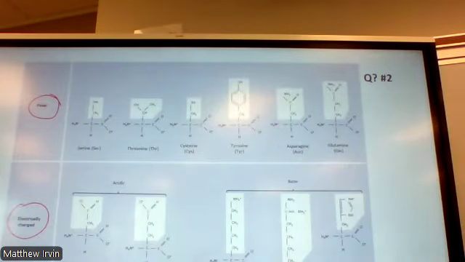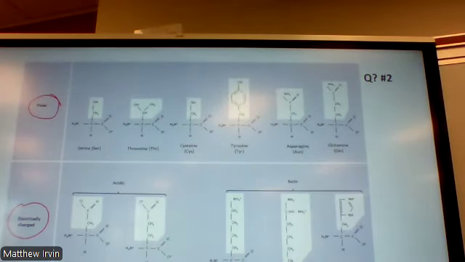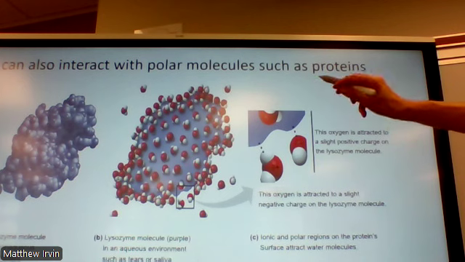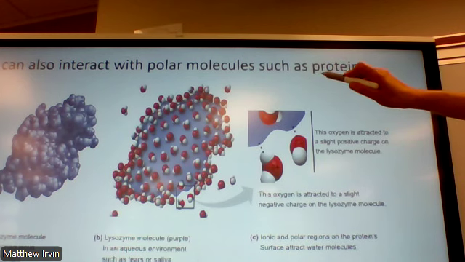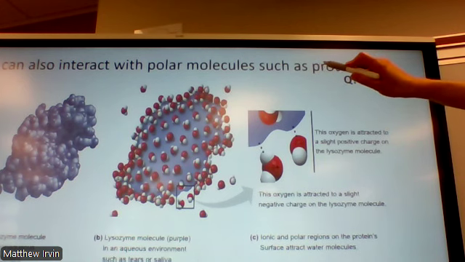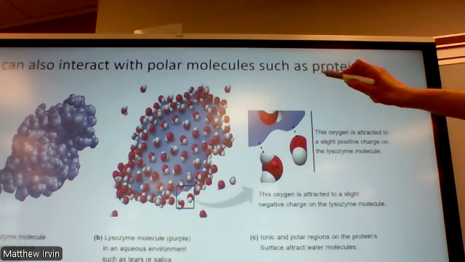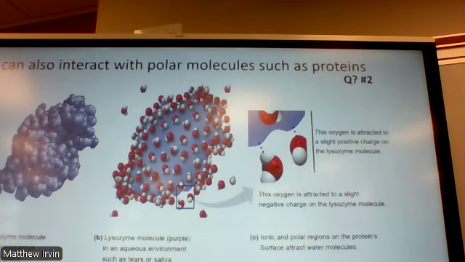So if a protein is soluble in water, if we go back to this picture, where would the non-polar amino acids be? On the outside of the protein or on the inside of the protein?